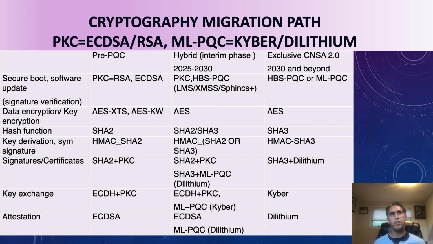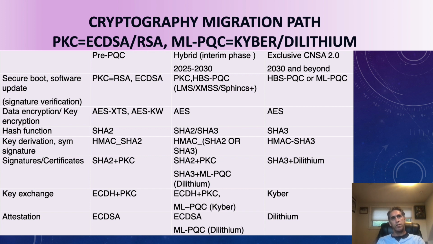They call this the interim phase, and then finally there's a point where you just can't resist it anymore, and these are CNSA requirements. Let's say you're at 2030 and beyond, and you just don't have a hybrid case anymore, and you have moved. So if you look at secure boot and software update, as I mentioned, the devices need to just do signature verification. Today you use RSA or ECDSA to sign your bootloaders, your boot code, and your software updates that you're sending maybe through a server or over the air.